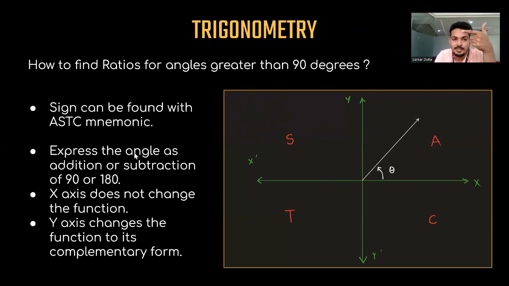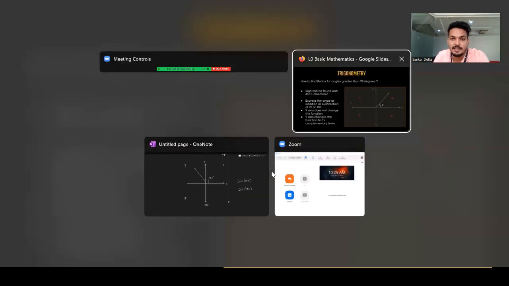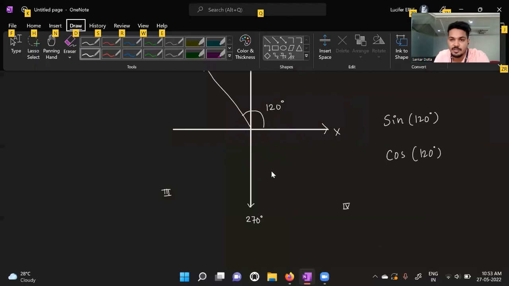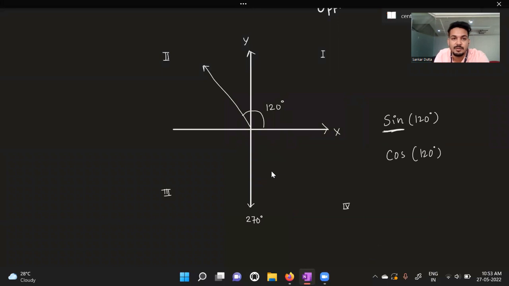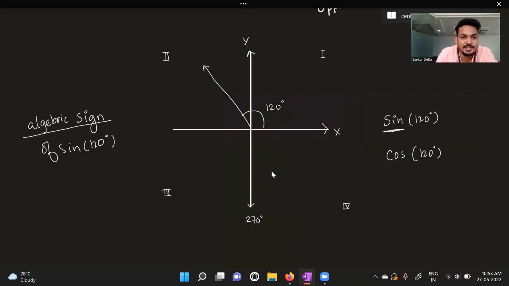You don't confuse this sign with sine, the trigonometric ratio. I'm talking about the algebraic sign of sine 120. It's slightly confusing, the wording, so I'm writing it down for you. I'm looking for the algebraic sign of sine 120, right?